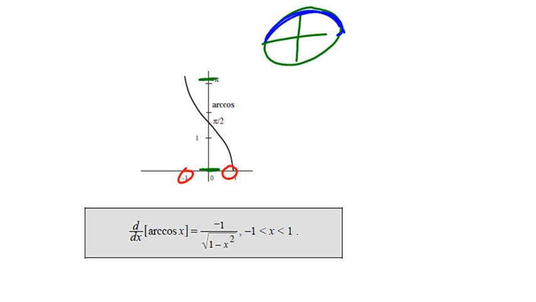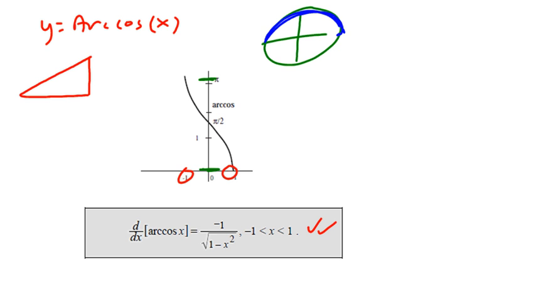And if we think about the derivative of our cosine, I've written it right here, but let's develop it. So if we have y equals arc cosine of x, the development is really just the same. What we do is we say, well, this is x equals cos of y, so this is y, and this is x and 1, and this must be root 1 minus x squared using Pythagorean theorem and what we know about trig functions.